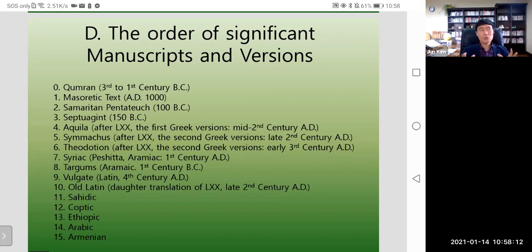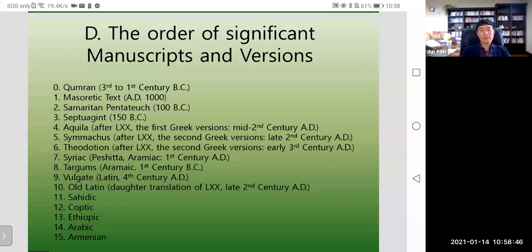Since we found this important manuscript, it changed the whole system of the transmission of the Hebrew Bible, or the interpretation of the English Bible. So it made a huge change. But anyway, number one, Masoretic text.